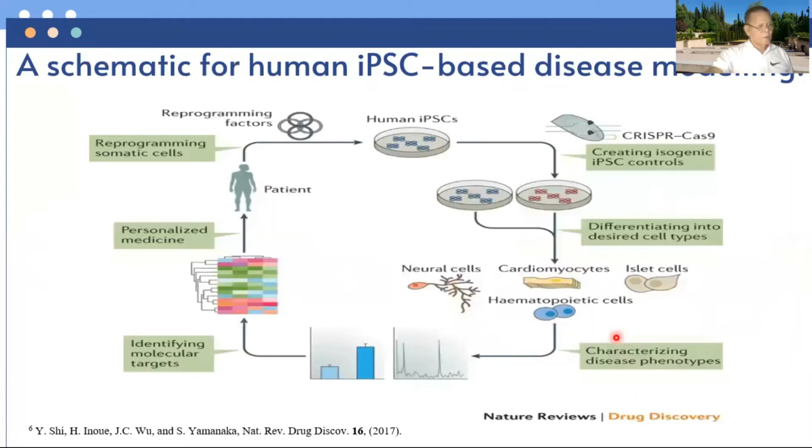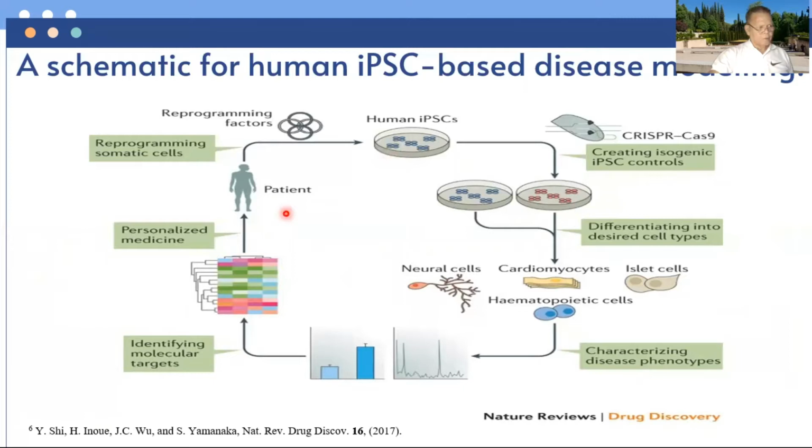Now let's see this figure, a schematic for human iPSC. We start from this point. Let's see this one. This is the patient. Reprogramming a somatic cell.